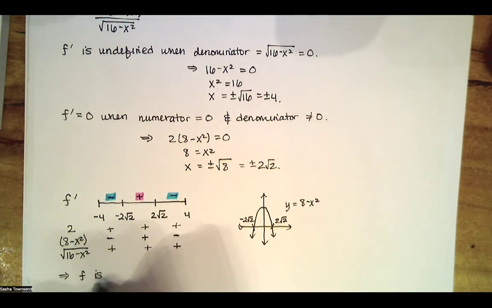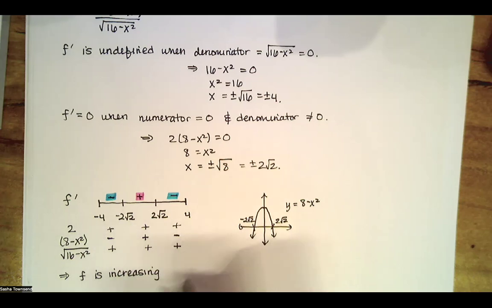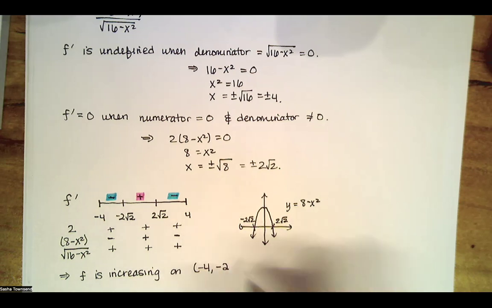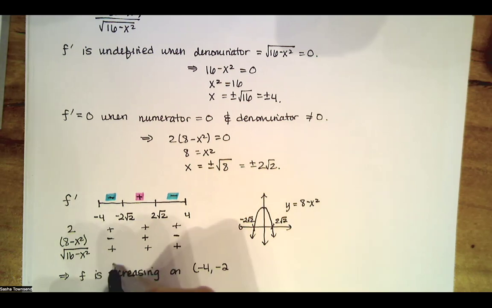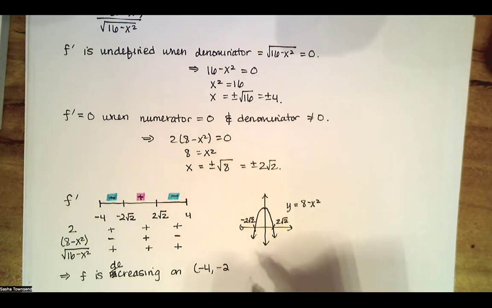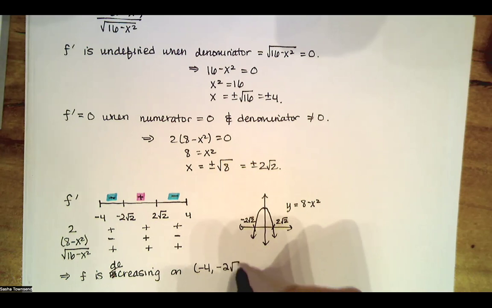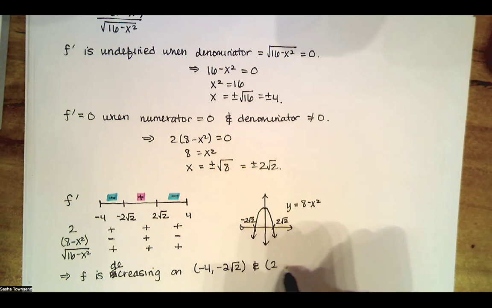So f is increasing on the interval from -4 to -2√2, or I said increasing, decreasing on the interval from -4 to -2√2, and decreasing on the interval from √2 to 4.